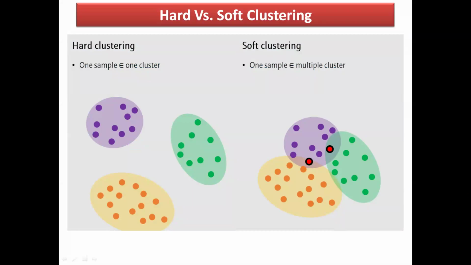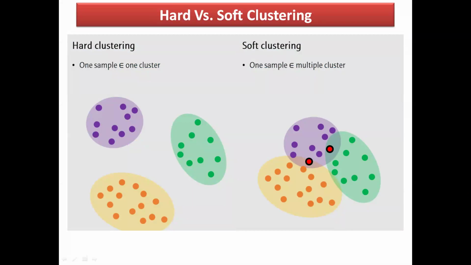In case of soft clustering, there may be multiple clusters. It means a single data item may be associated with multiple clusters. So that is soft clustering. Depending upon our research objectives and our data items, for example, we have some data set related to education, academics.